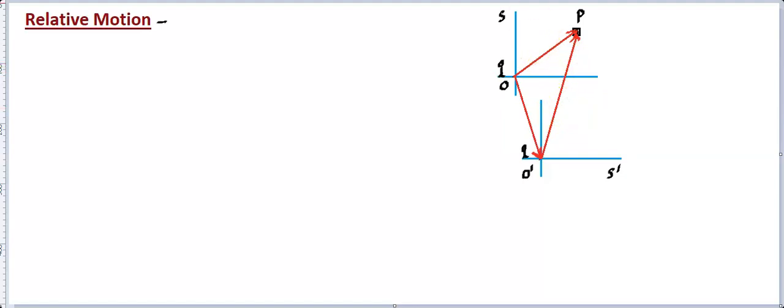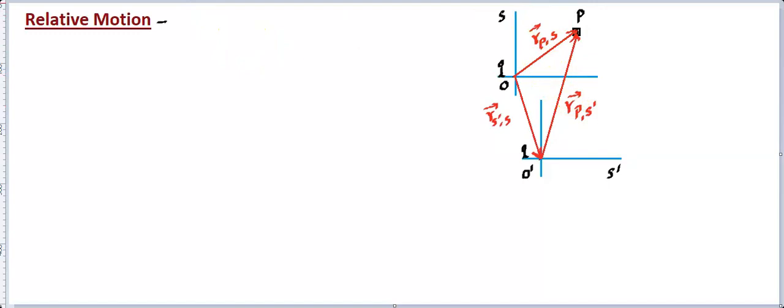Let's denote them. I'm denoting this OP vector as R vector, but this is R of P, the point or object P with respect to the S frame. Let's say we talk about this vector: this is the position vector of object P with respect to the new frame, which is the S dash frame. And this position vector indicates the position vector of this S dash frame with respect to the S frame. The notation is very similar.